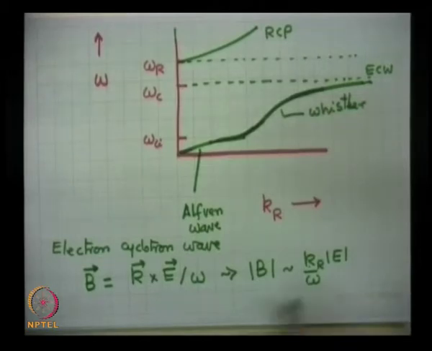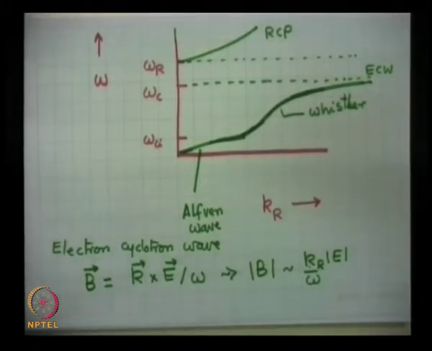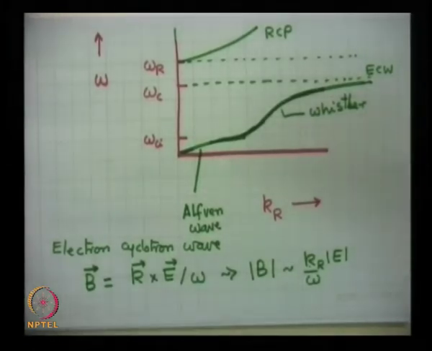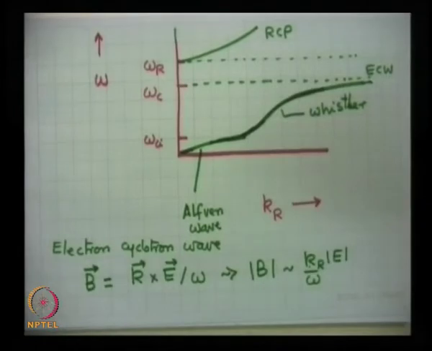And these waves can be employed for deflection of particles. Currently, there is a lot of effort to employ large amplitude whistlers, because they are primarily oscillatory magnetic fields, to deflect particles.